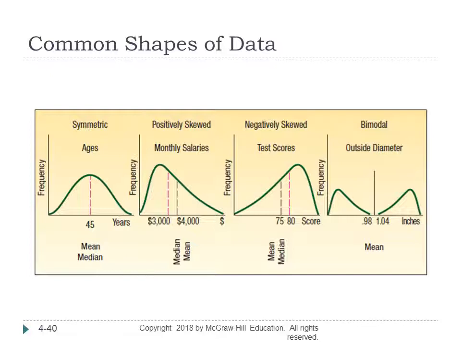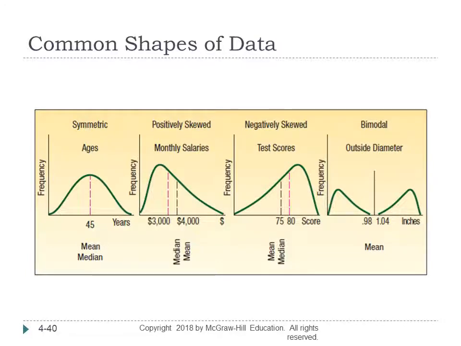The next graph, we say it is positively skewed or skewed to the right. Here the peak, the highest value, is more to the left, and you have a long tail representing the larger values. In this type of graph, you will see that the median is less than the mean.